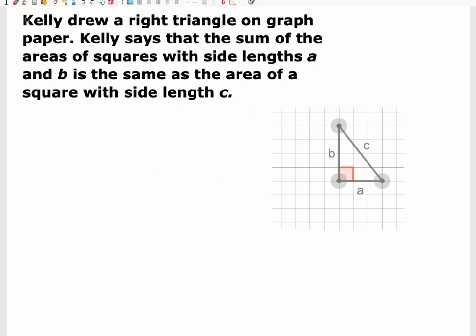So what we can see here is line A is 1, 2, 3 units long.